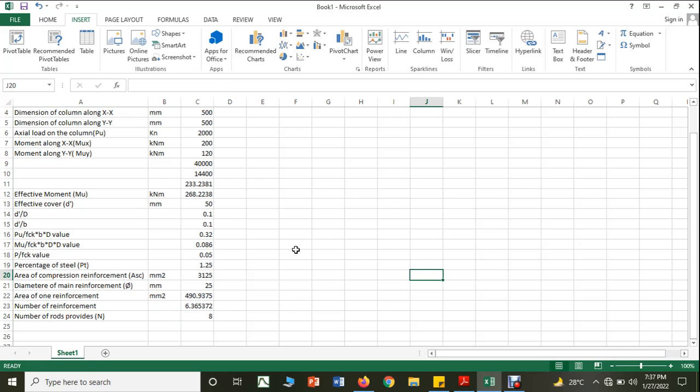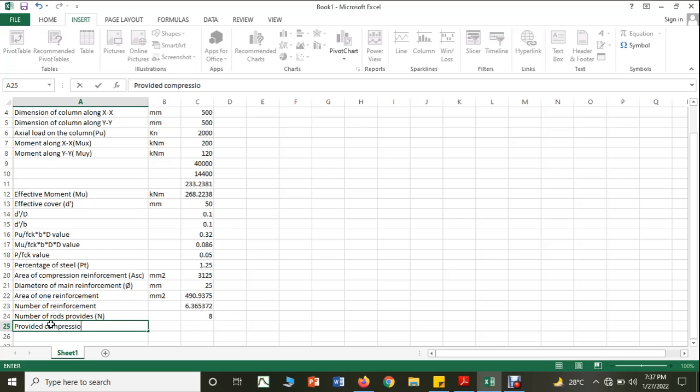So when I provide 8 numbers of 20 mm diameter rods, your area of Asc value changes. Therefore I can write the provided compression reinforcement.